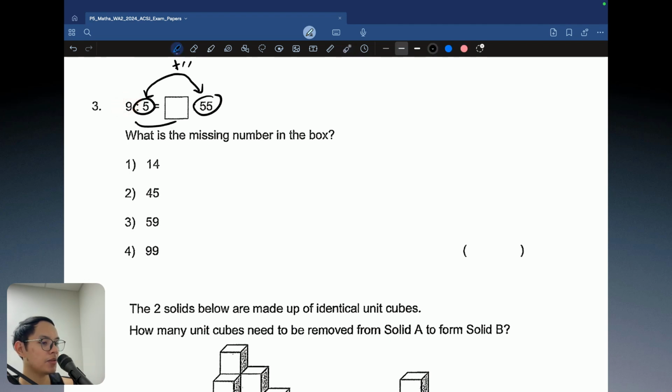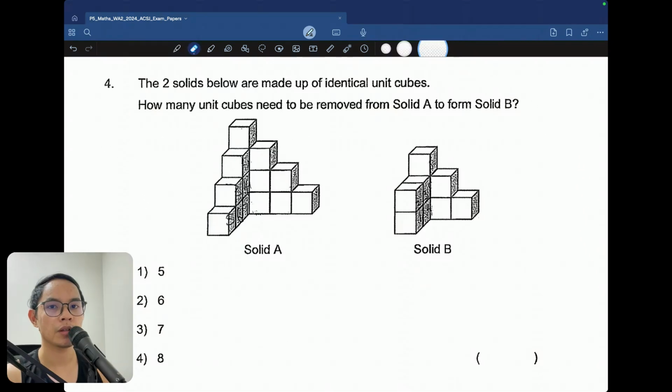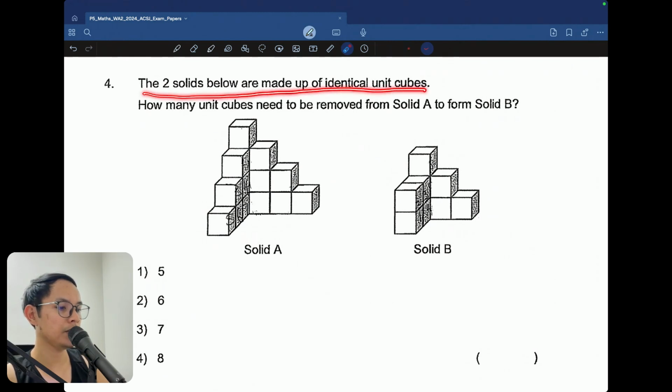With 9, we multiply by 11, which is 99. So the answer is number 4 over here. Because a ratio always stays the same when you change its numbers. Okay, let's move on. Question number 4: the two solids below are made up of identical unit cubes, solid A and solid B.